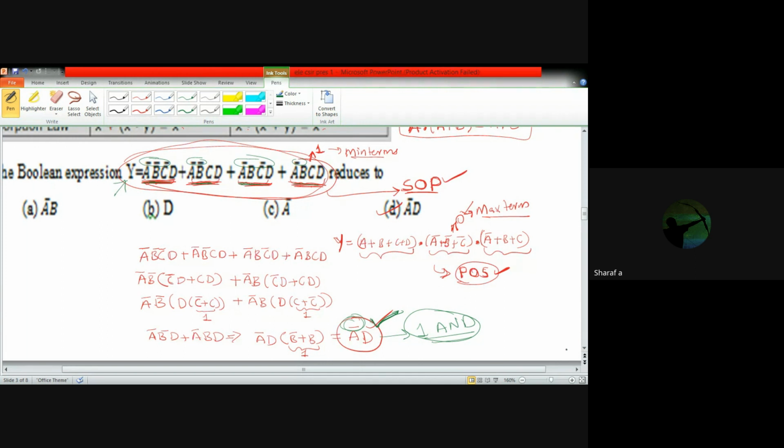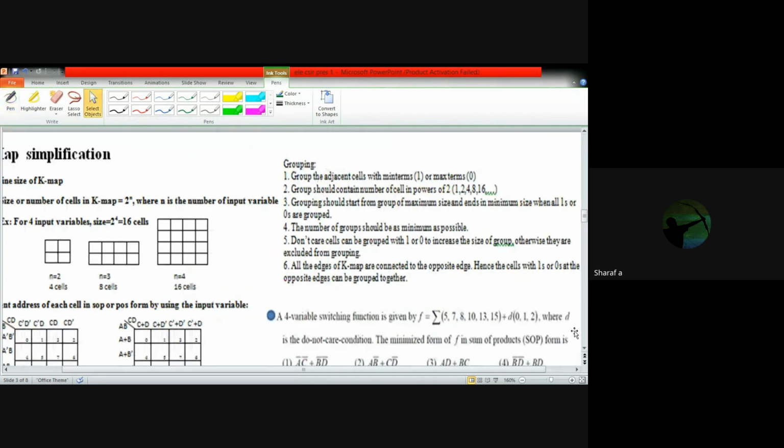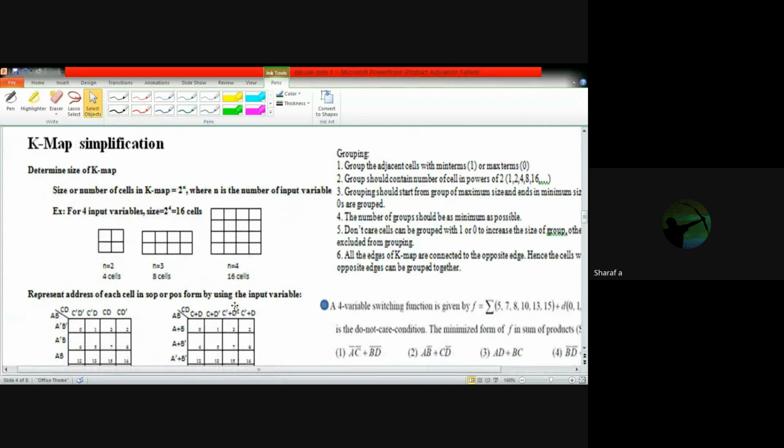Then you have a simpler method to simplify the Boolean expression much more easily, which is the K-map, called K-map simplification, which is used to simplify Boolean expressions much more easily. Okay, this is the K-map, or you can call it the Karnaugh map.